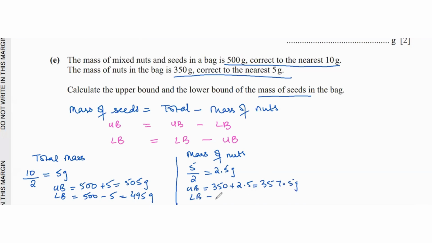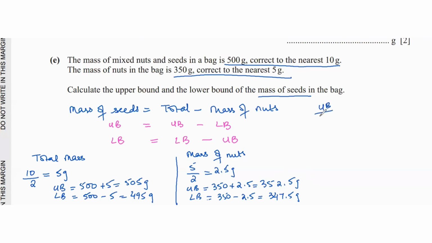And the lower bound would be 350 minus 2.5, which is going to give us 347.5 grams. Upper bound would be 352.5 grams, sorry.